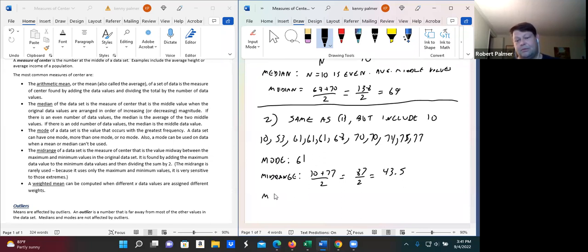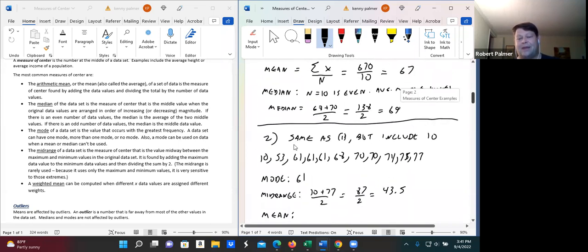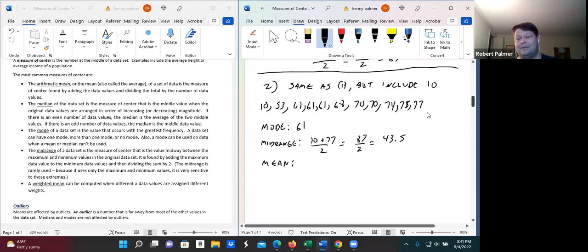The mean, once again, do the same thing. So this time it's going to be the sum. Now, actually, if you notice the sum of our problem before was 670. Now we're just adding a 10 to that. So that's going to be 680 divided by, but this time divided not by 10, but by 11.